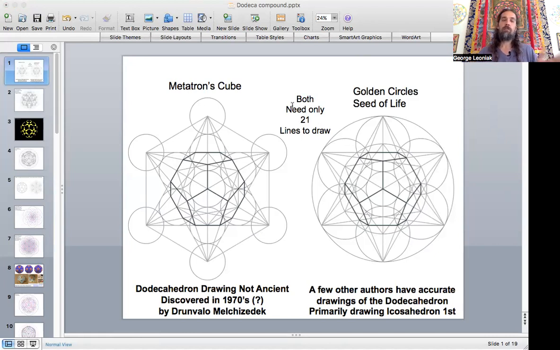Just reiterating the other video, I continue to talk about this little correction of getting this pentagon face from the traditional Metatron's Cube to an accurate 5-proportion pentagon while it's angled.